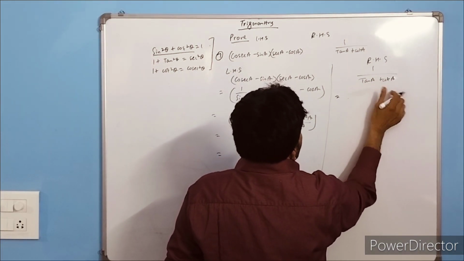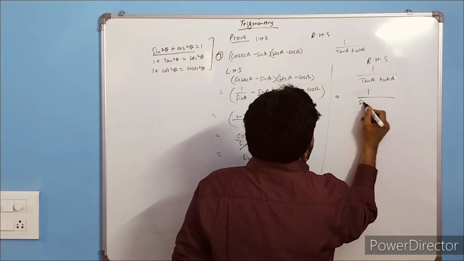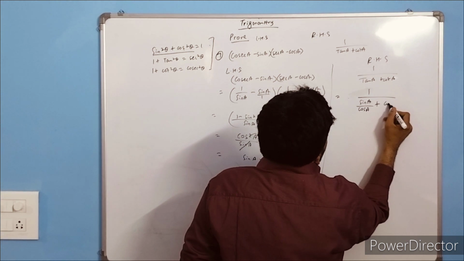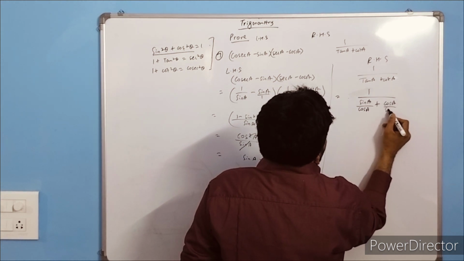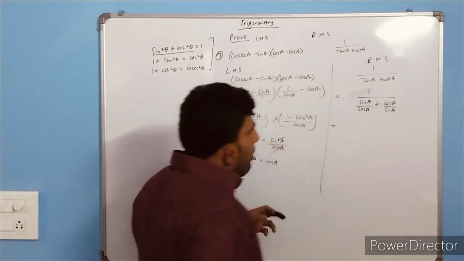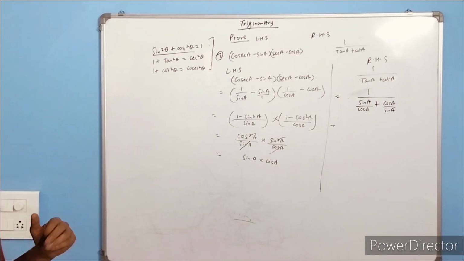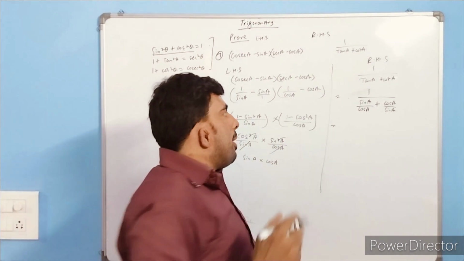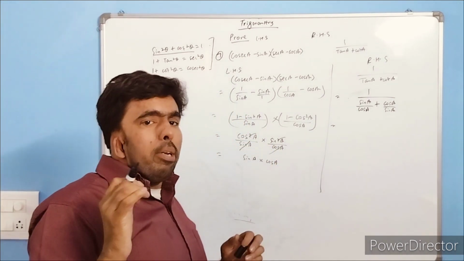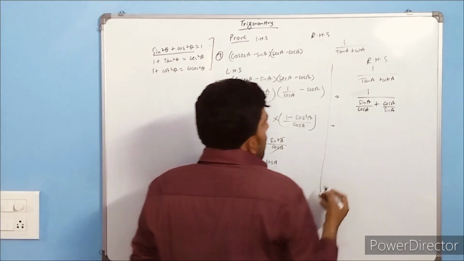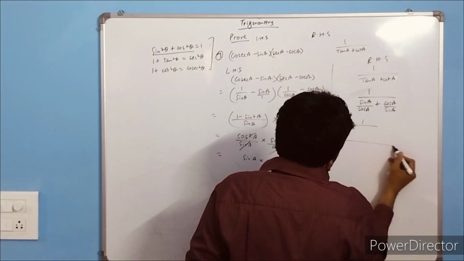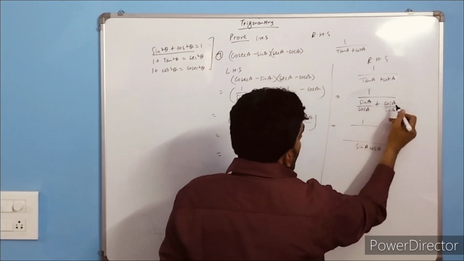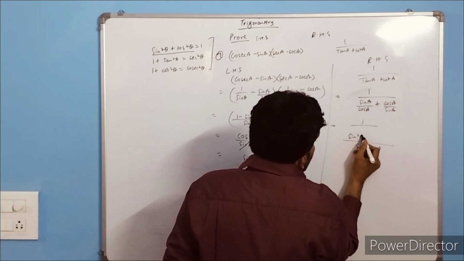Tan A will be sin A upon cos A plus cos A upon sin A. The formula is there: tan A is equal to sin A upon cos A, and cot A is equal to cos A upon sin A, because cot is the reciprocal of tan. So now what we can do here? Take LCM, sin A cos A.